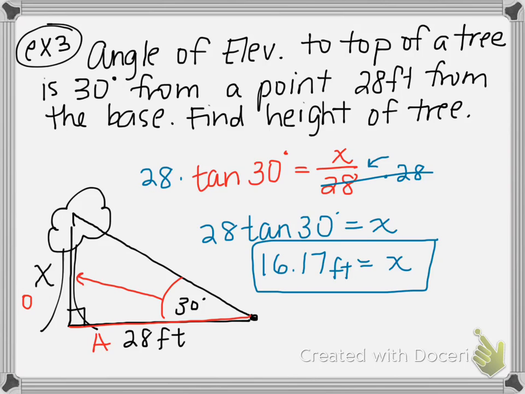So we're using what we know about our angles and our trig functions to find the different parts from the word problems. Okay? So one more. Let's look at this one.